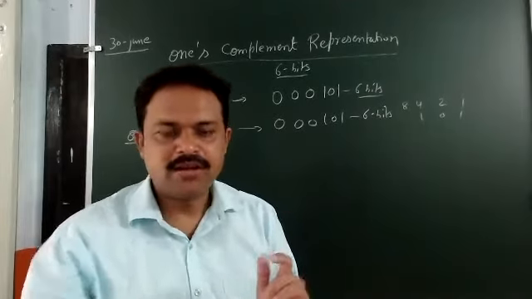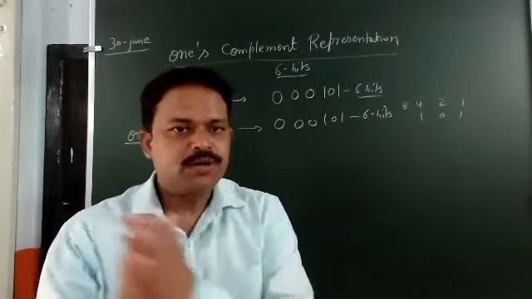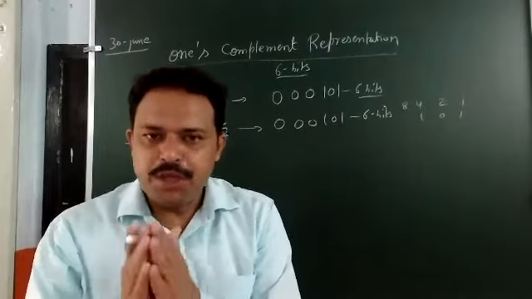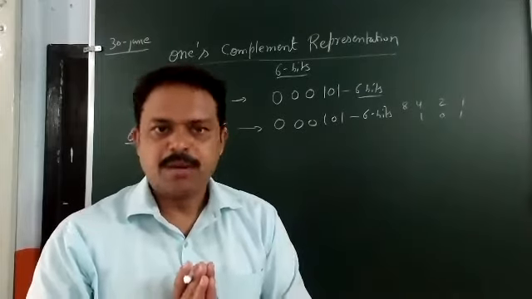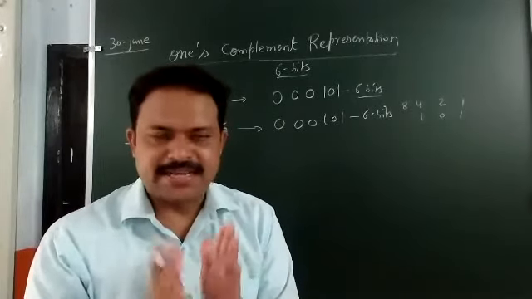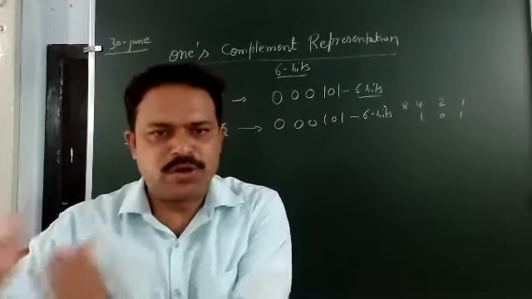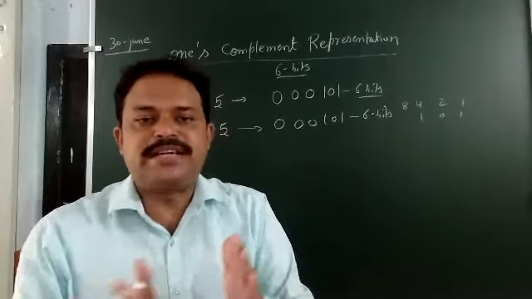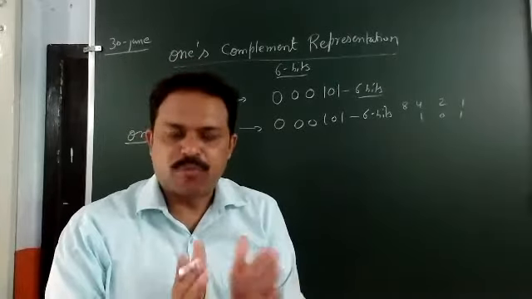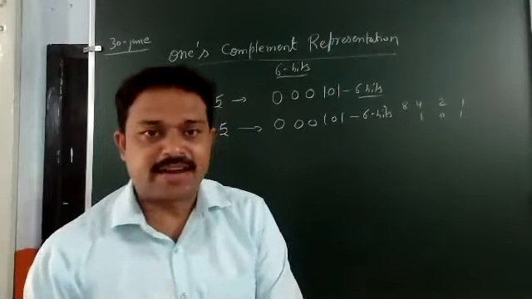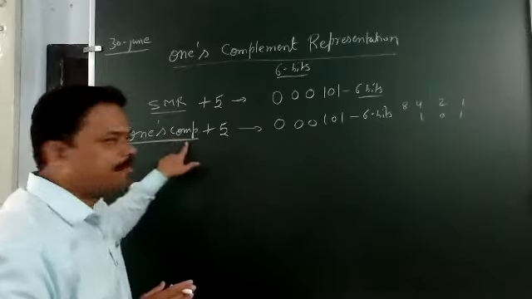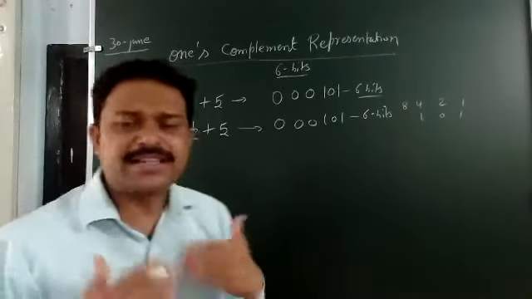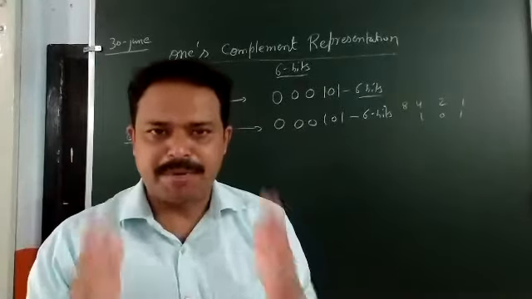Let me repeat once again: we use one's complement representation and two's complement representation generally to represent negative values, for a reason that you will understand slowly, including the advantages and disadvantages. Today I will also discuss the advantages and disadvantages of sign magnitude representation as well as one's complement. First of all, let us understand the meaning of one's complement.